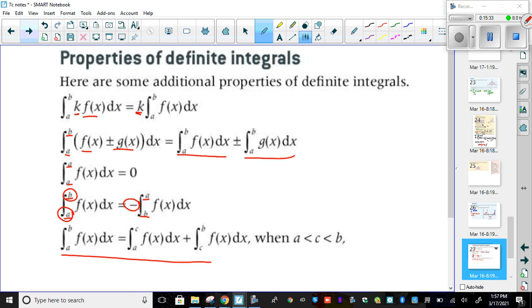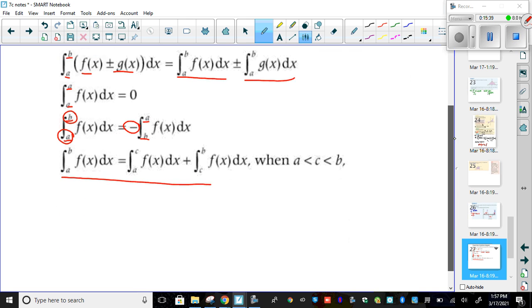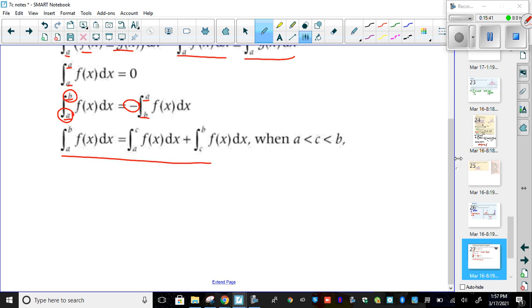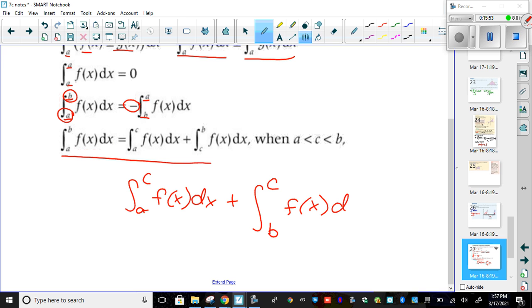When I'm adding two integrals together to get that final answer, a lot of times what you'll see is we will give you the following. From A to C of f of x dx plus from B to C of f of x dx. We can't do that. There'd be a jump in my graph.